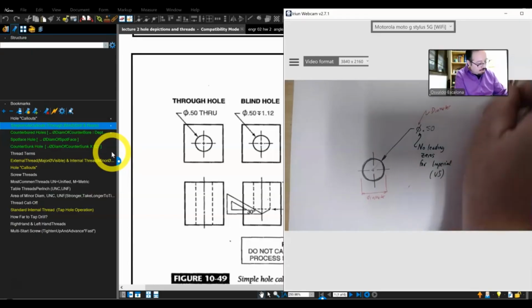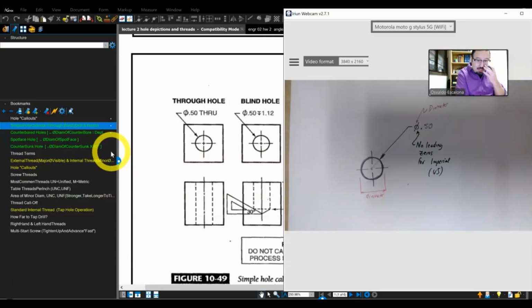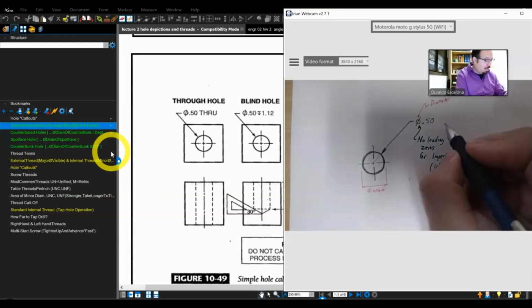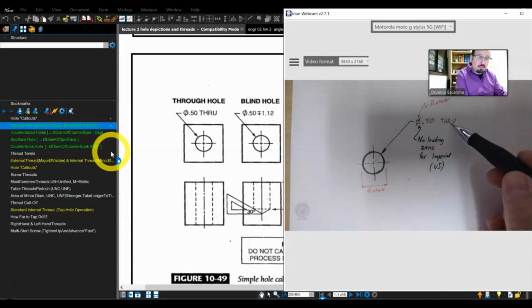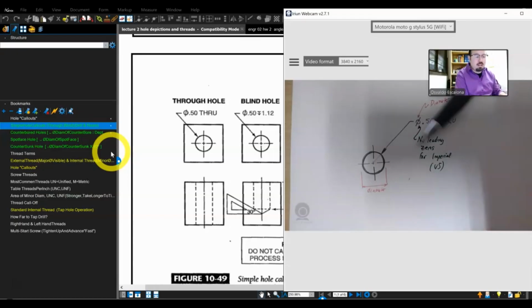Then you tell it whether this hole is going to be a blind hole or a through hole. Through means it goes all the way through. So if I put through, it's automatically telling me that my hole is going to go all the way through. Now, a little quick review.